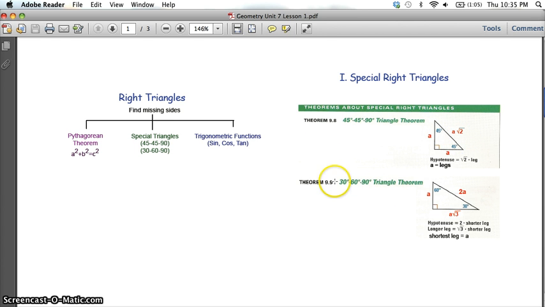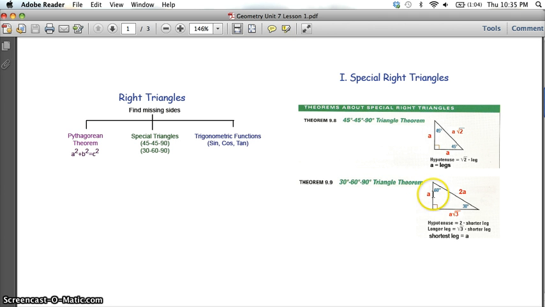Now if we go down to the 30, 60, 90 triangle, again, it's 90, and then we've got 60 and 30. In this triangle, we do not have an isosceles triangle, so we have three different sides. The side opposite your smallest angle, which is 30 degrees, is going to be just a by itself.